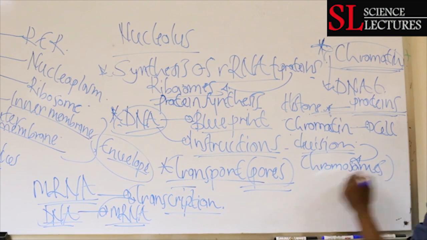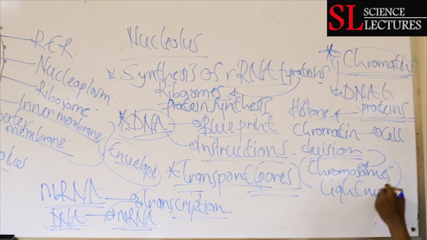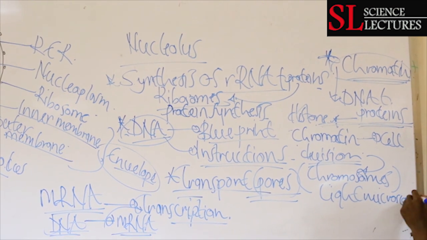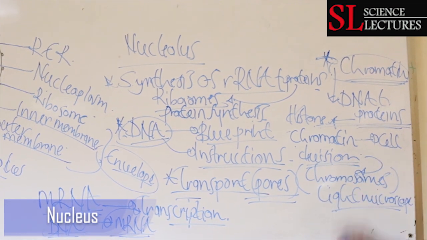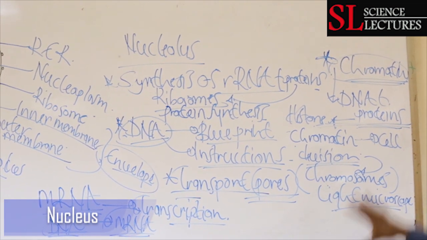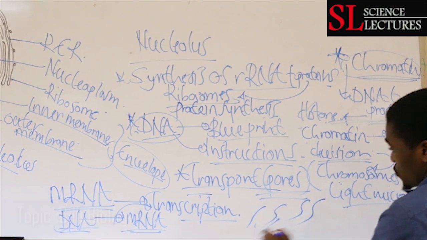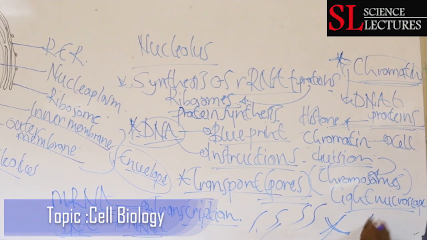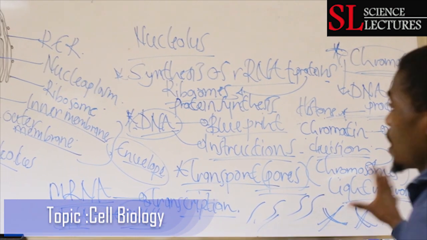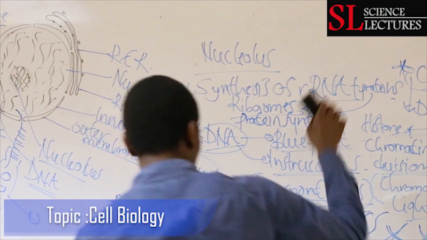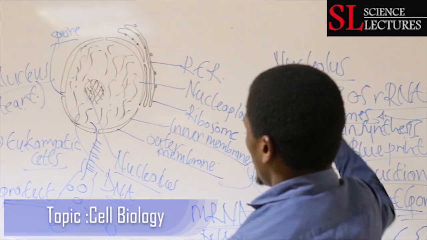These chromosomes are visible when using a light microscope, yet the chromatin structure is not visible because they are just strands, whereas chromosomes are thickened and condensed such that they can be seen. So this is simply a brief introduction to the nucleus.